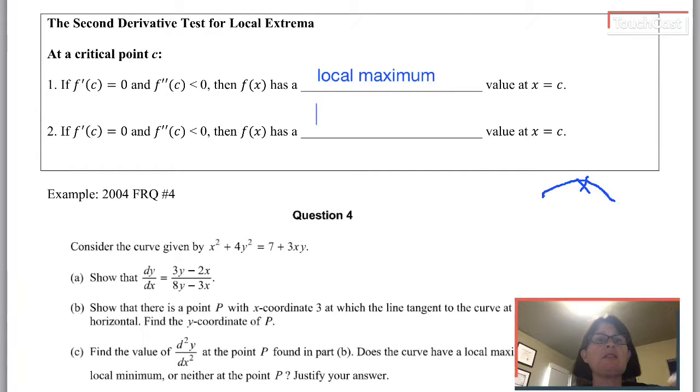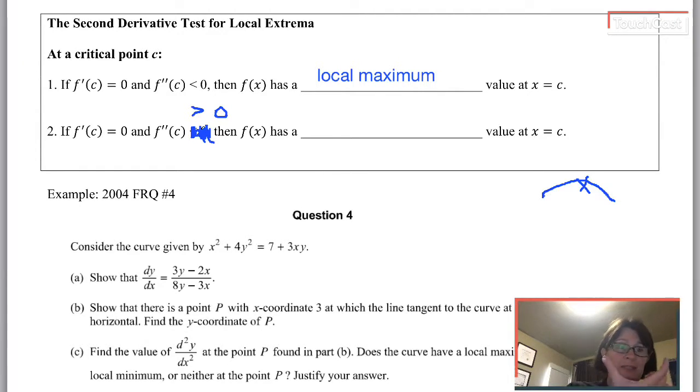If f prime of c is 0 and f double prime of c is... that can't both be negative. All right. Very serious typo, guys. Those can't both be less than 0. The first one was less than 0, so this one should be if f double prime of c is greater than 0.